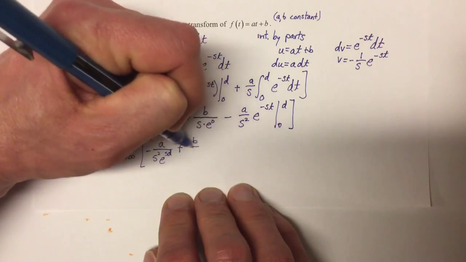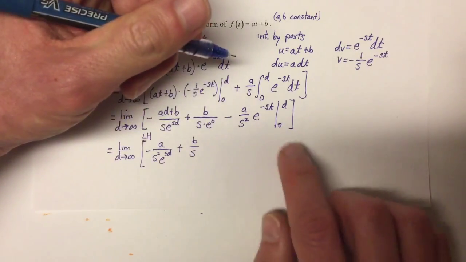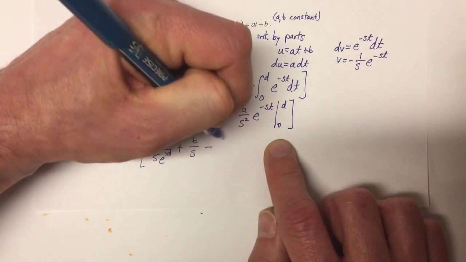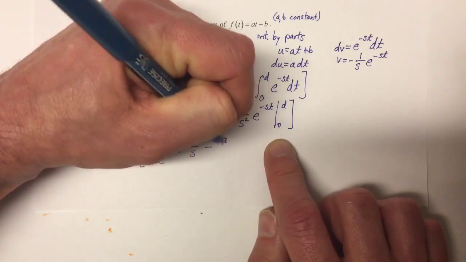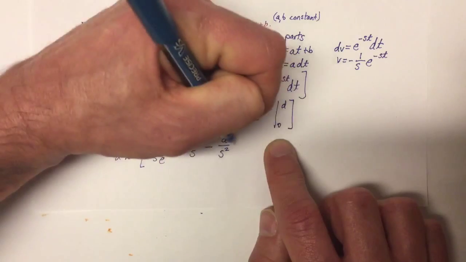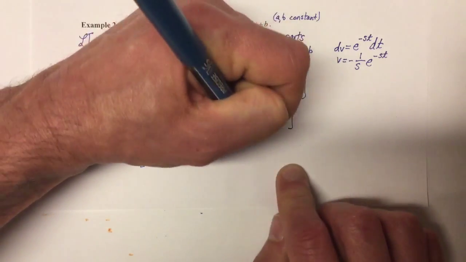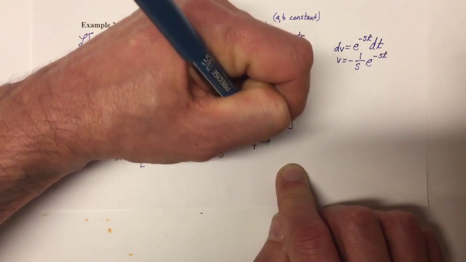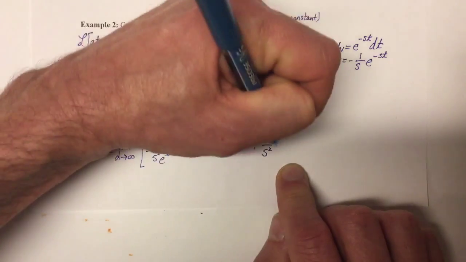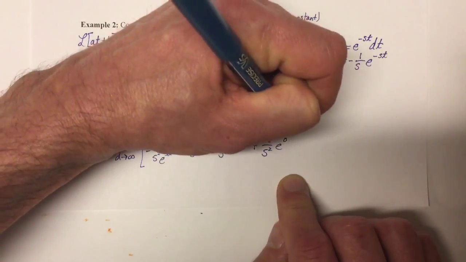This will be plus b over s, minus a over s squared e to the minus sd, minus a minus would be plus a over s squared e to the 0.